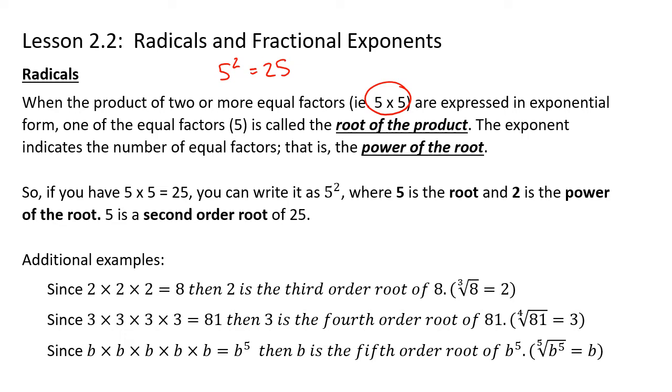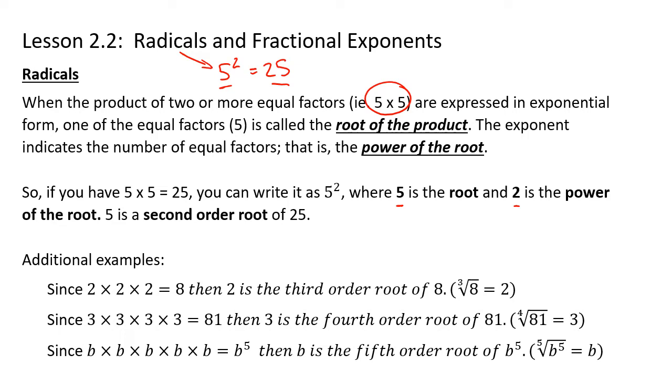In this case, if you find the square root, you have the number 5 multiplied by itself twice, so 5 times 5 gives you 25. What that means is the number 5 is the square root of 25. Okay? So 5 would be known as the root, and 2 is known as the power of the root. So if it's 2, it means it's the second order root.